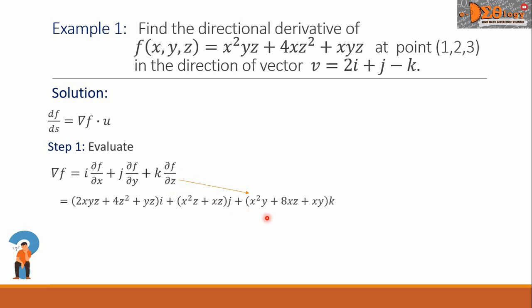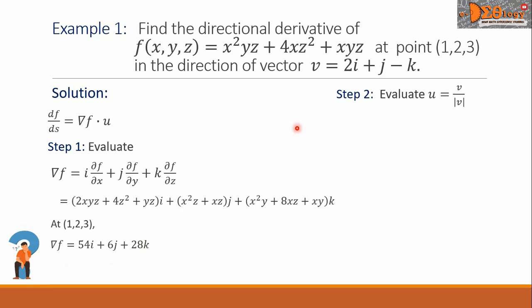We have x squared y plus 8xz plus xy. The quantity is multiplied by k. Now at 1, 2, 3, which means we substitute the value of x as 1, the y as 2, and the z as 3. The grad f is simplified into 54i plus 6j plus 28k.